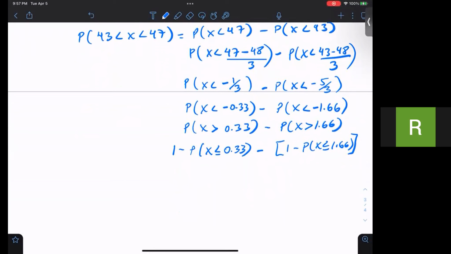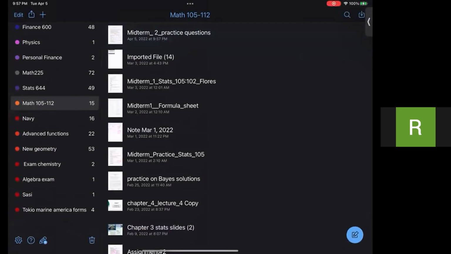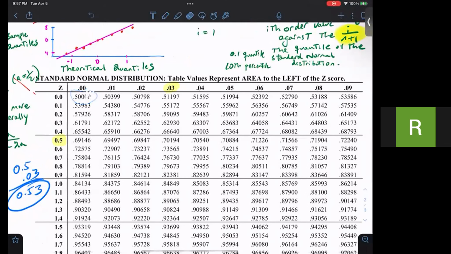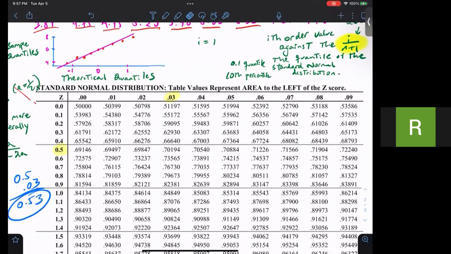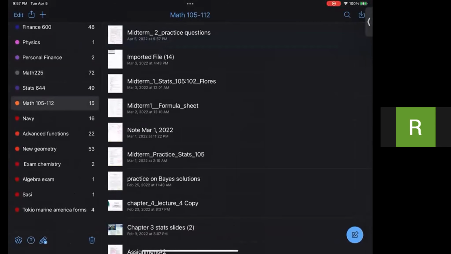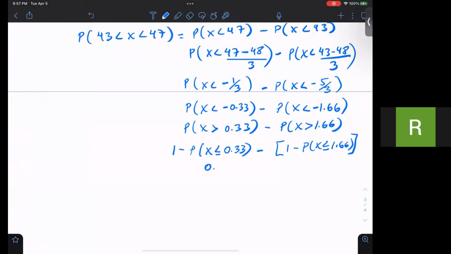Let's check. 0.33, that's here, is 0.6293. Remember 1 minus that, minus 1 minus 1.66, okay?